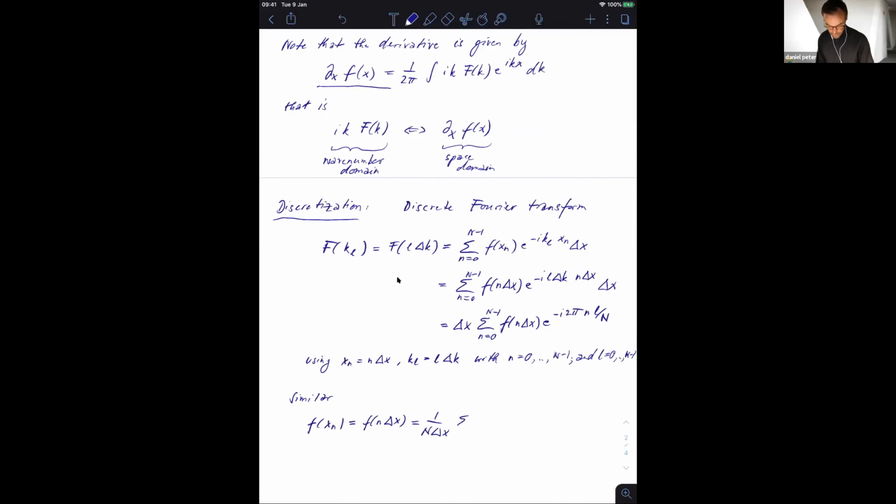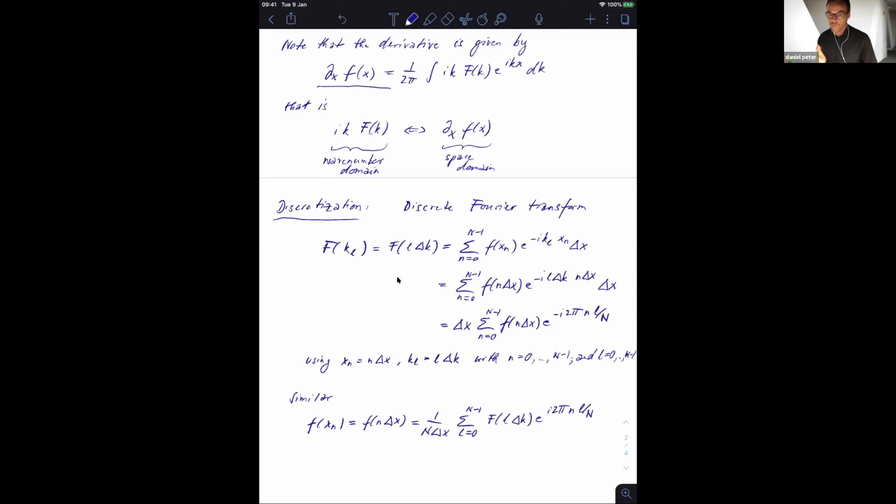You have it in the notes as well. Now we go for the sum over all l, and this is l delta k times e to the i 2 pi n l over N. That would be the inverse Fourier transform, again the discrete one.